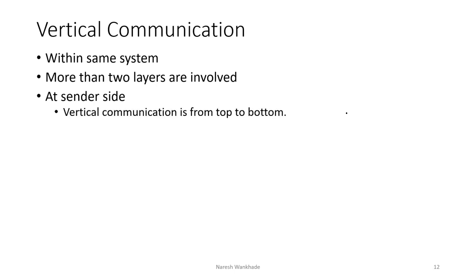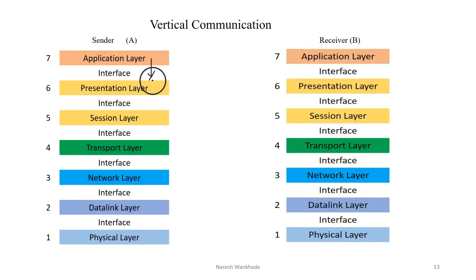At sender side, vertical communication is there from top to bottom. At sender side, application layer interacts with presentation layer through interface between application layer and the presentation layer. This presentation layer further interacts with session layer through this interface.